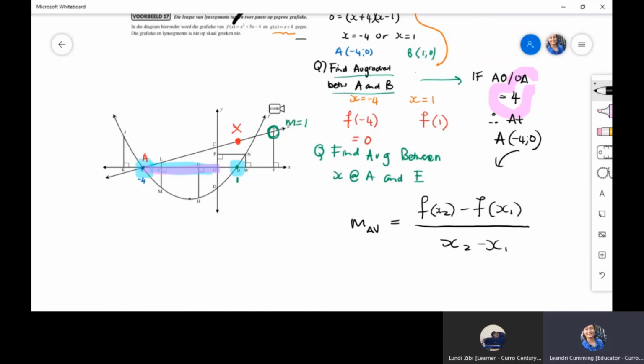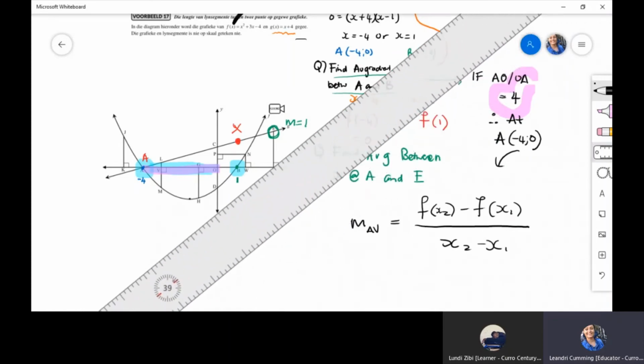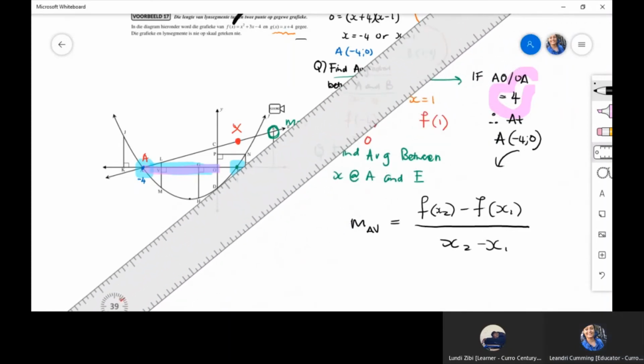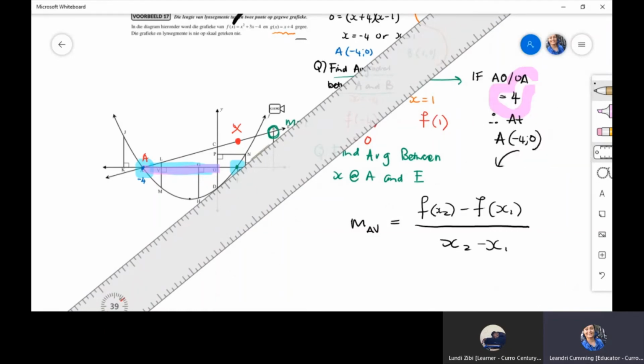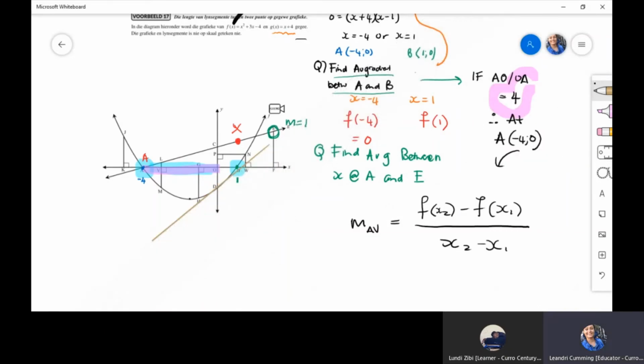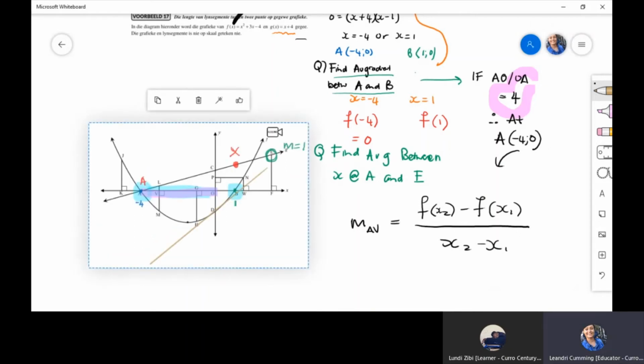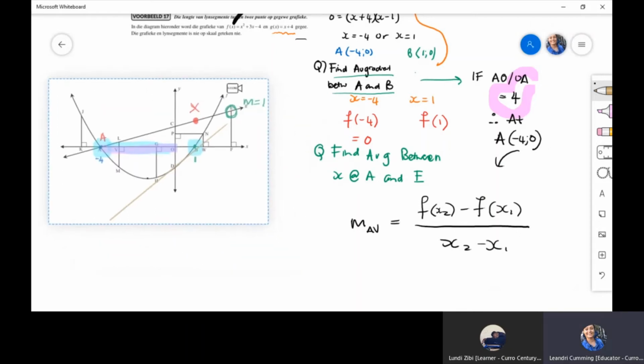Right, let me just give you one last example here. Let's just make this straight line here. Great. There's a tangent to the curve. And what we see here is that we could ask, give me the average gradient between the symmetry axes of f of x and b.